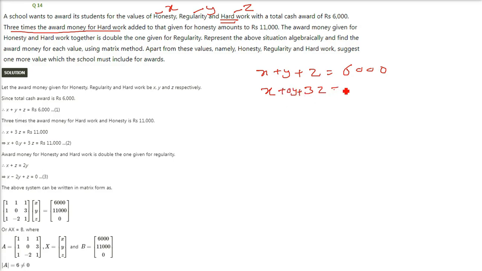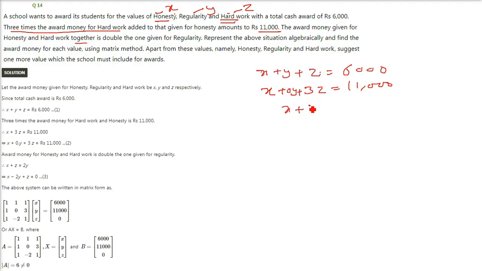There is no Y here, so we'll write just 0Y. And this is equal to 11,000, right? The award money given for honesty and hard work together is double the one given for regularity. So X plus Z, because X is for honesty and Z is for hard work, is equal to 2Y, twice the regularity.